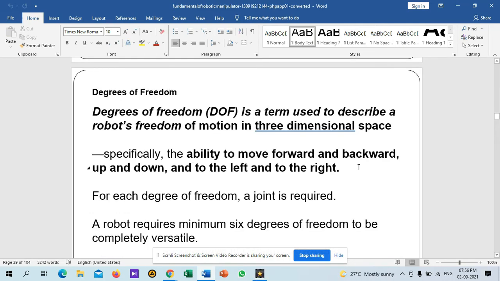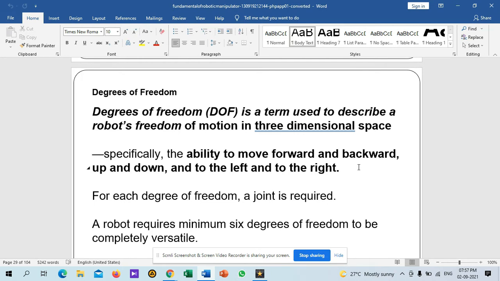We are going to see about degrees of freedom and some more chapters, right? Degrees of freedom, DOF, is defined as the number of input parameters independently controlled, each joint driven by a motor.